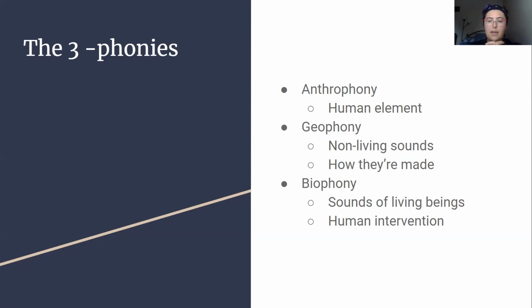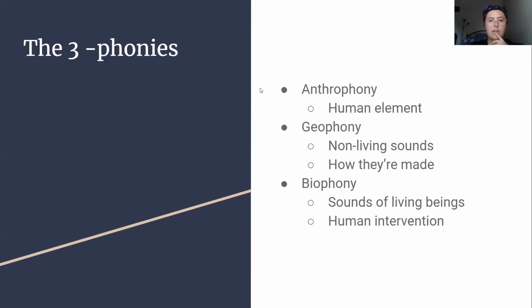And basically, these are made by an opposing force creating that sound. So when we hear sands shifting, we have to consider that wind is a force. So there's always many forces acting upon each other. And this is where things get a little complicated because anthrophony and geophony can work together.